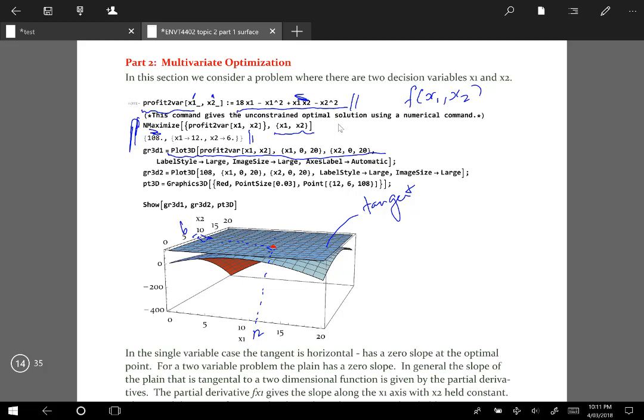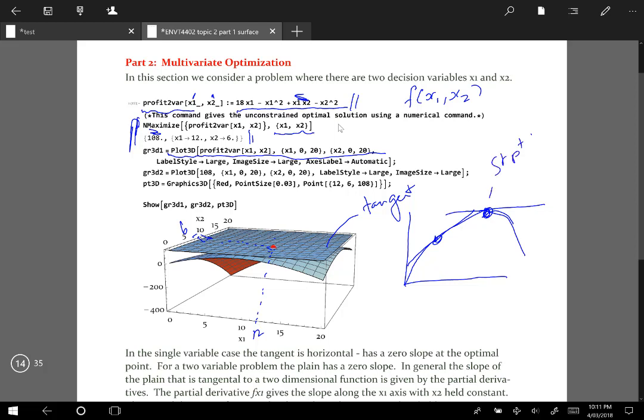So in the case of a univariate problem, we had tangent lines which indicate the slope of the curve, and when we have the stationary point where the objective function is maximized, then the tangent is horizontal. With a two variable problem, this plane is horizontal.